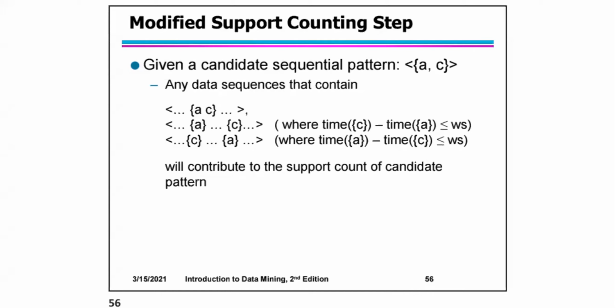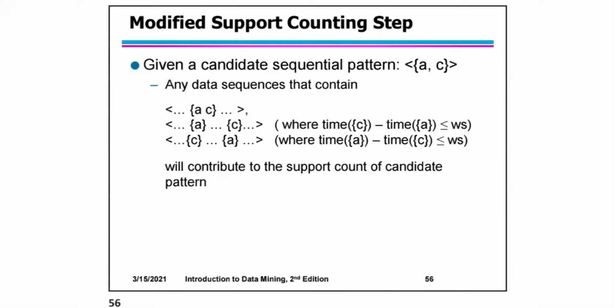C dist underscore O, distinct occurrences with the possibility of event timestamp overlap, and C dist, distinct occurrences with no event timestamp overlap allowed. So these are the five alternative counting schemes used for timing constraints in sequential patterns.